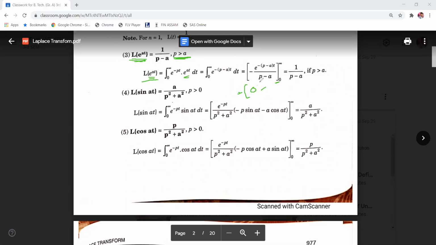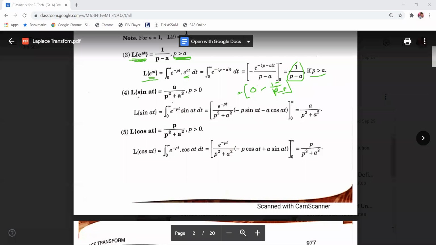The upper limit gives 0. Putting 0 for the lower limit, e to the power 0 is 1, so 1 by p minus a. Then minus 0, minus minus becomes plus. So that becomes 1 by p minus a, if p is greater than a. In that way, the Laplace transform of e to the power at is 1 by p minus a, where p should be greater than a.